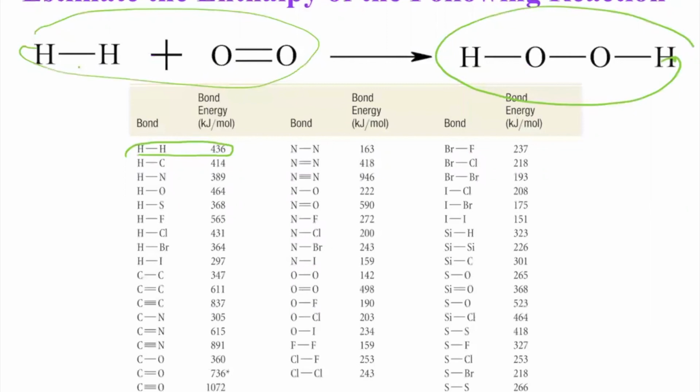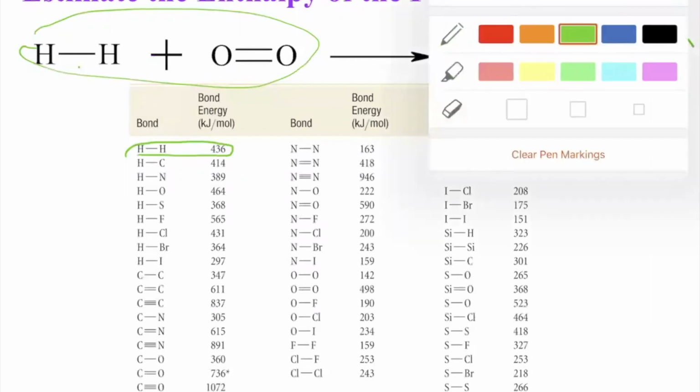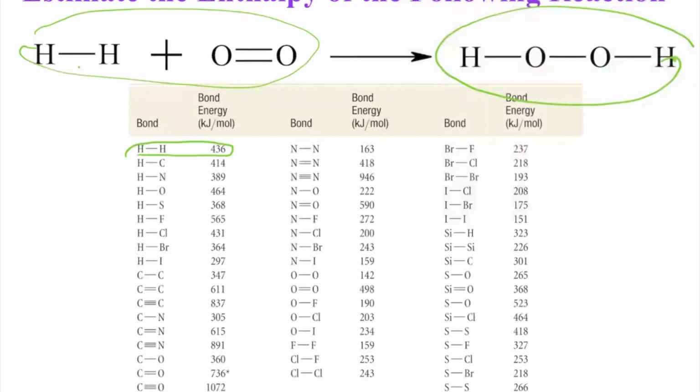Now let's look at your bonds formed. You have two O-H bonds, so it's 2 times 464, plus an O-O bond, which is 142.